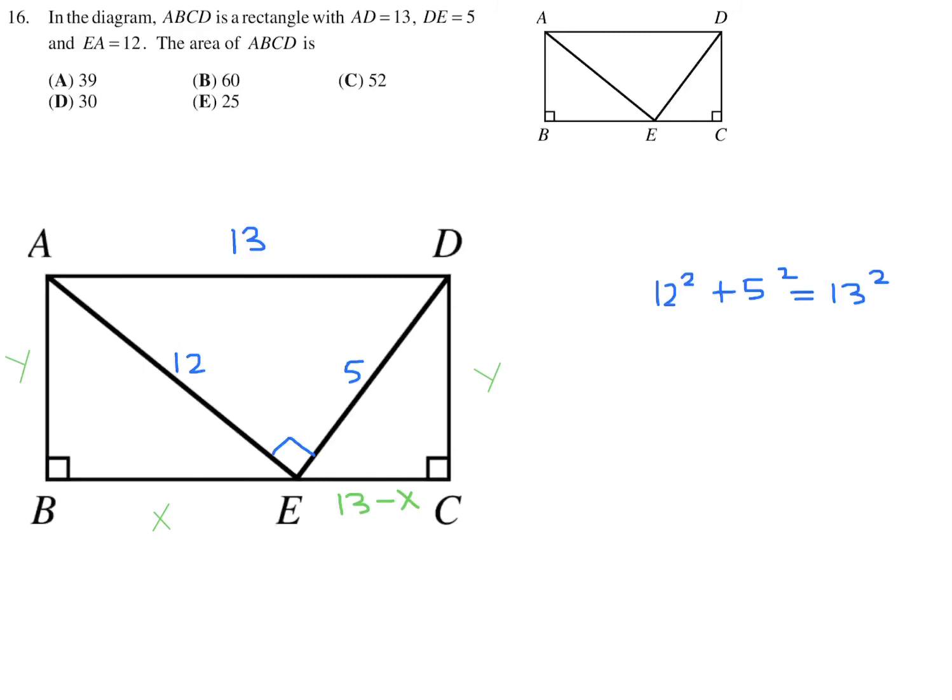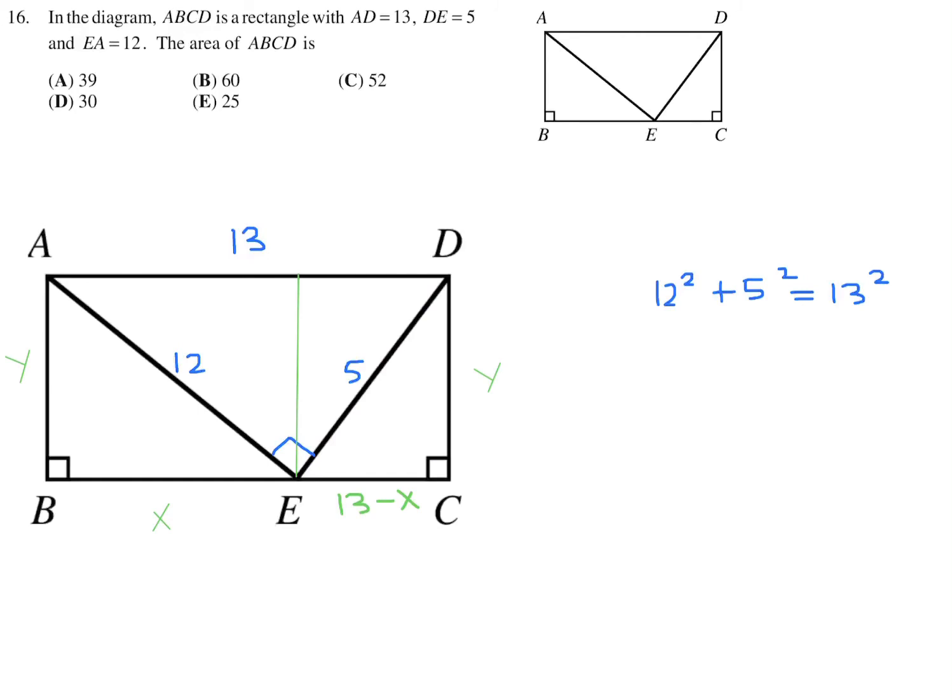One quick thing I noticed is that if you drop a perpendicular all the way from E to the other side, something really cool happens. It splits the diagram into 2, and each of those sections has a diagonal. And what that basically means is that this area right here is the exact same as this area. And therefore on the other side, the same story. This area is the exact same as this area.